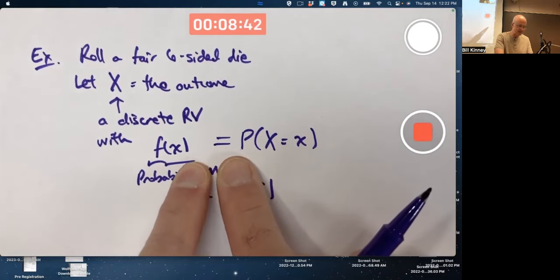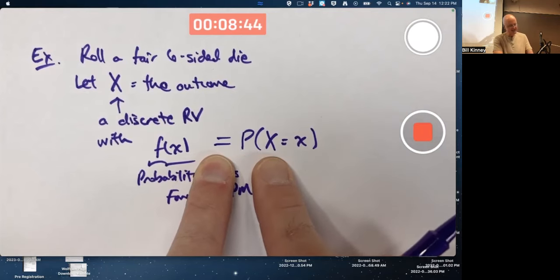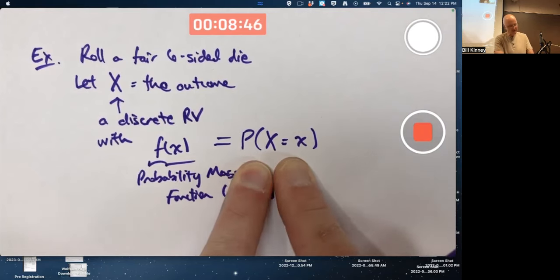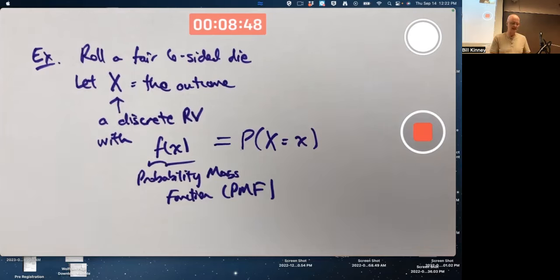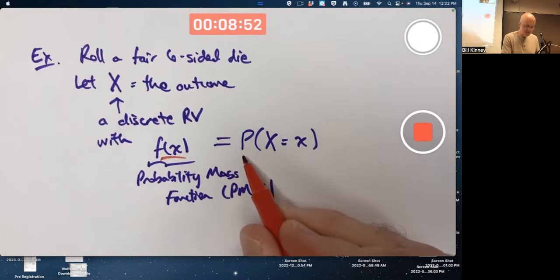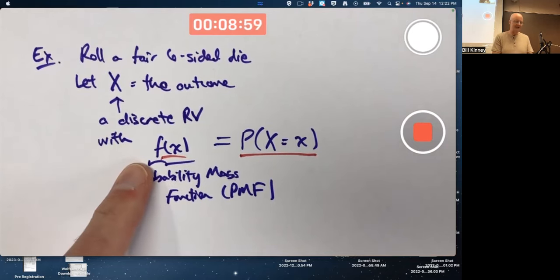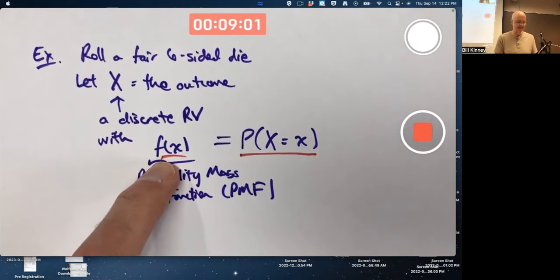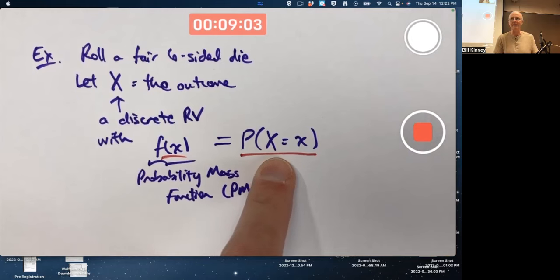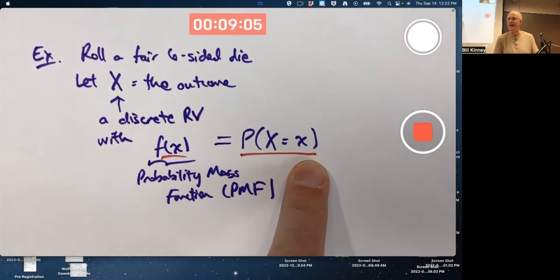Does f of x equal P of capital X equals little x? No. These are two distinct quantities. The value of f of x at the input little x is the probability that the random variable equals that value little x.